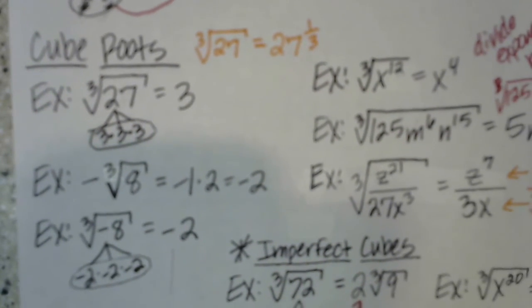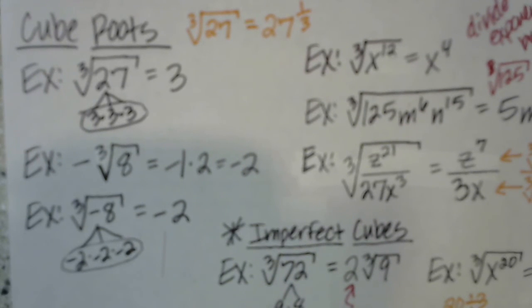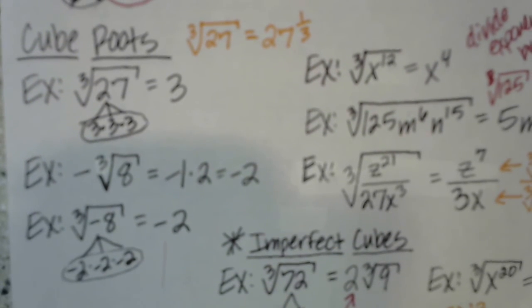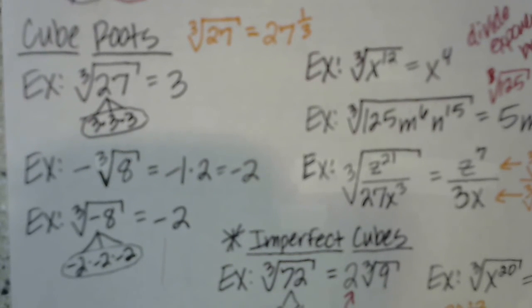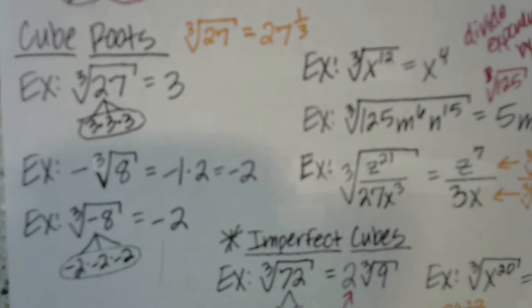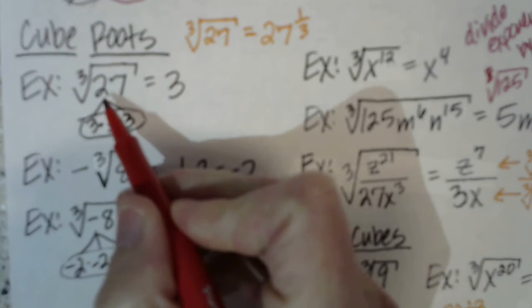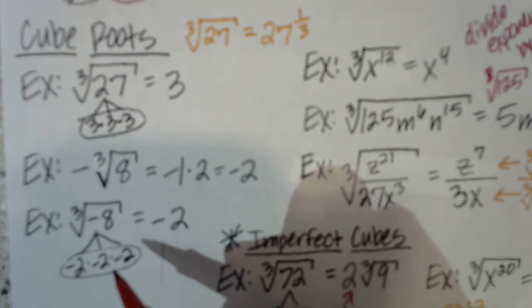Okay? The same thing happens for cube roots. I'm still going to treat this the same way. I'm going to have to do factor trees sometimes. I'm going to have to divide by 3 now with my exponents. The reason why the cube root of 27 is 3 is because I know 27 is 3 times 3 times 3.